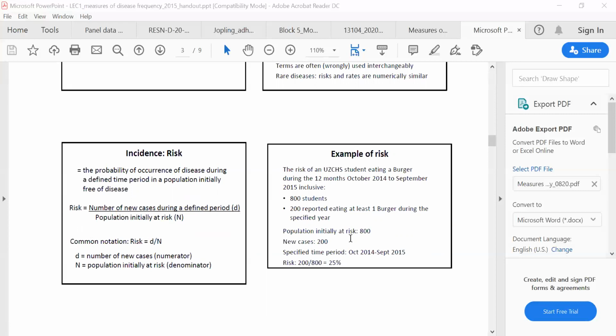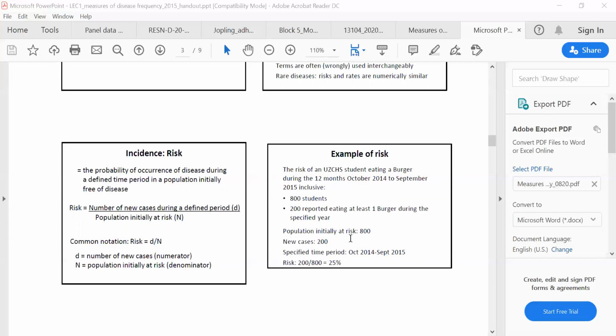Let's take the example at the University of Zimbabwe College of Health Sciences. What is the risk of a student at the college eating a burger during the 12 months from October 2014 to September 2015 inclusive? The population at the college is 800 students. Out of those 800 students, 200 reported having eaten a burger.